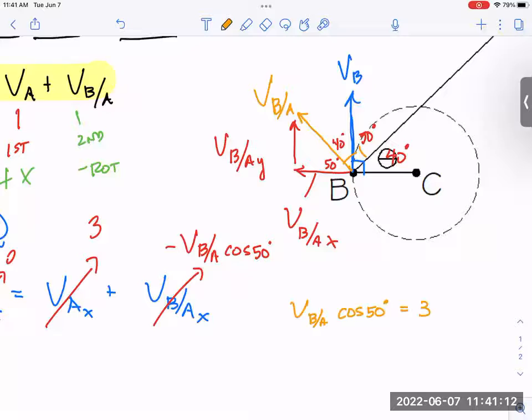Does that make sense? So that everything equals 0. If I take 3 and divide by the cosine of 50, I actually get the velocity of B as it rotates around A, and I get 4.67 approximately. I don't know if that's the answer to anything, but it feels like I just figured something out.